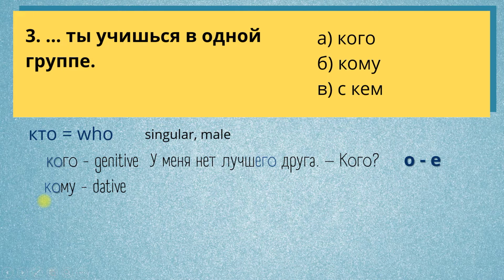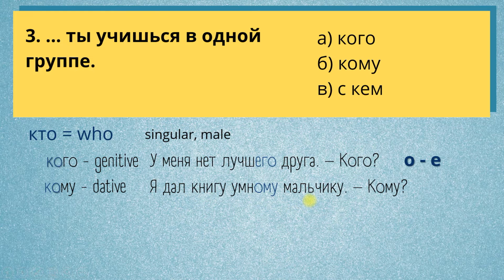Кому, it's dative. And the same, this ому ending you have in adjective for singular male adjectives. Я дал книгу умному мальчику. Кому? Умному мальчику. The endings are still not just out of nowhere. You copy them from the adjective.